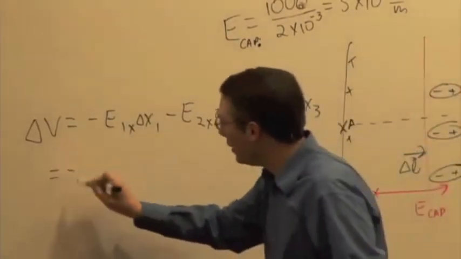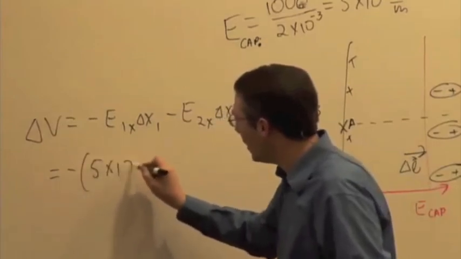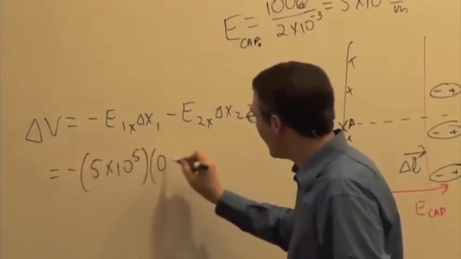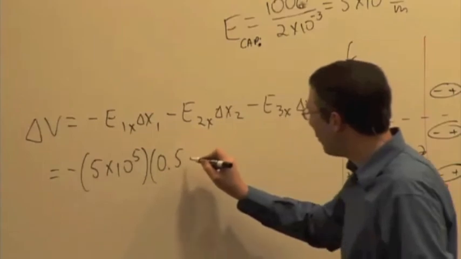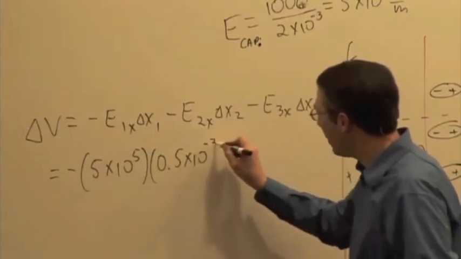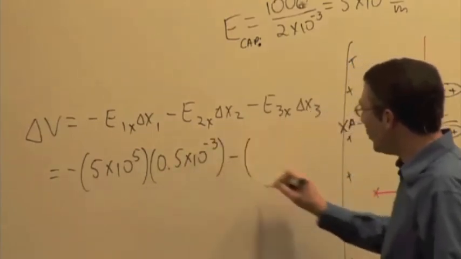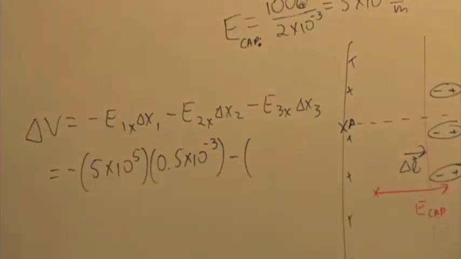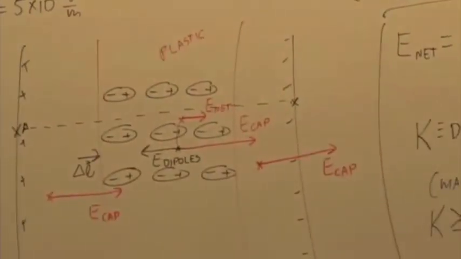So E1 is still 5 times 10 to the 5th. First distance is still 0.5 times 10 to the minus 3. E2, the new electric field inside the plastic, is what?